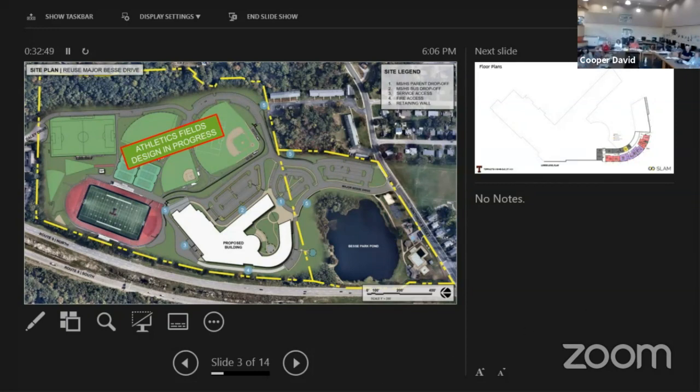Middle schoolers and high schoolers both come on buses, whether from Daly or from Major Bessie, and they are going to be dropped off in this loop. When the buses drop off students outdoors, this is per the discussion with the administration, the superintendents and administration.